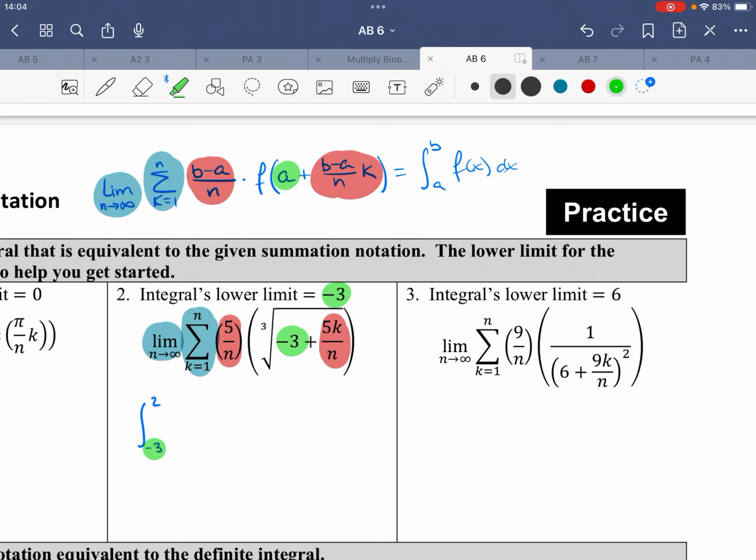That seems like that's our a. So then whatever the function is around it, in this case, this whole thing has to be our f. So this is going to be the cube root of x dx, and that would be the integral that they're asking for.